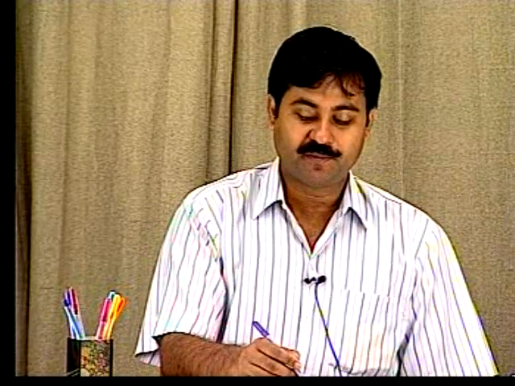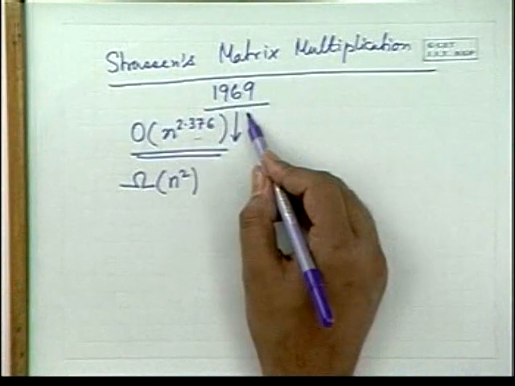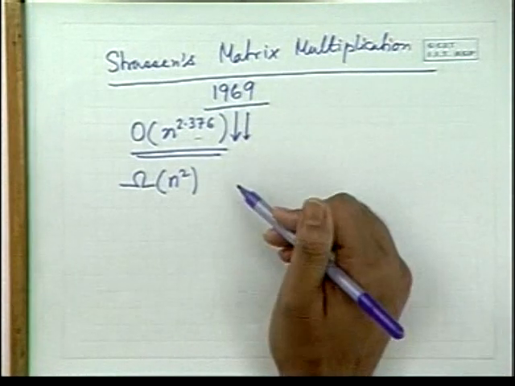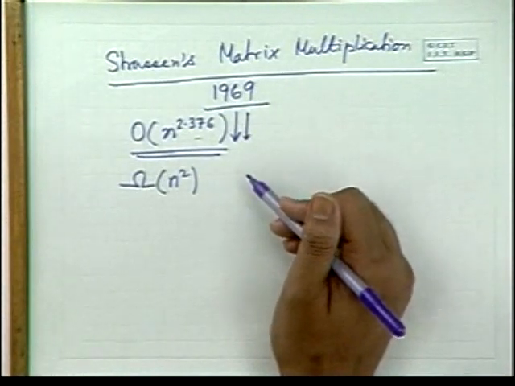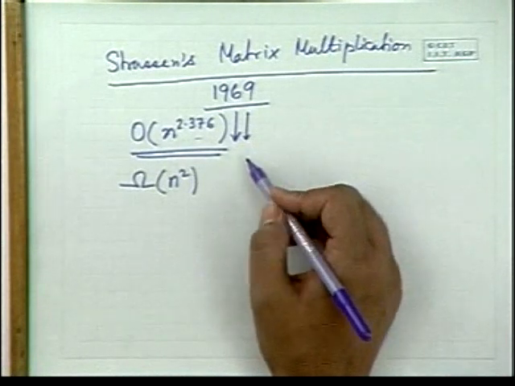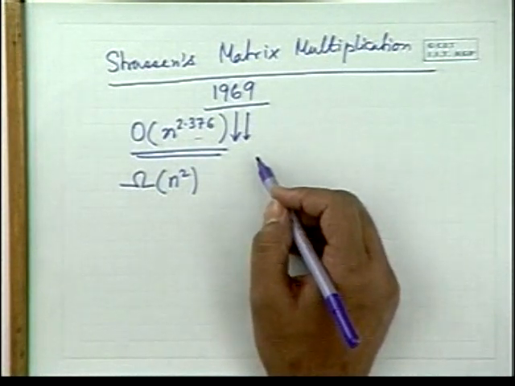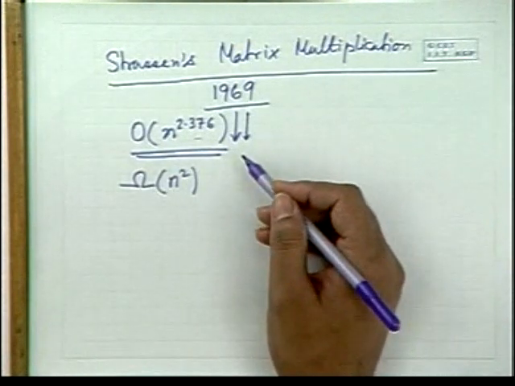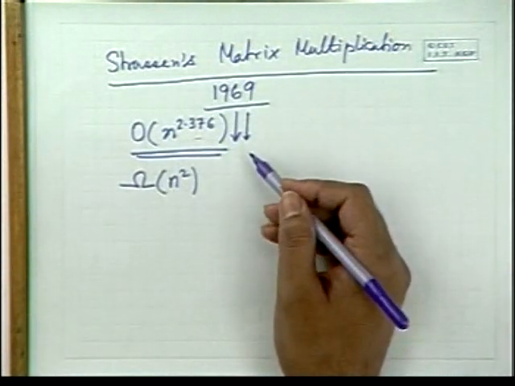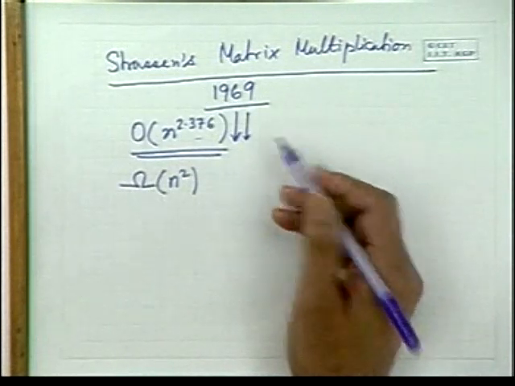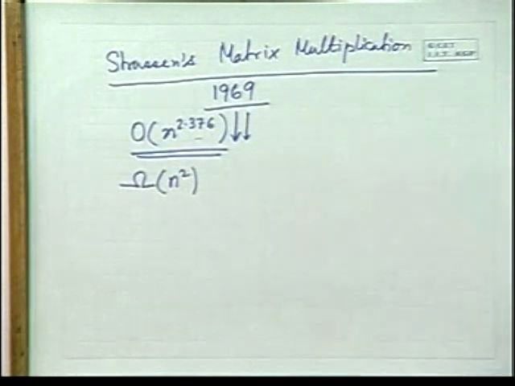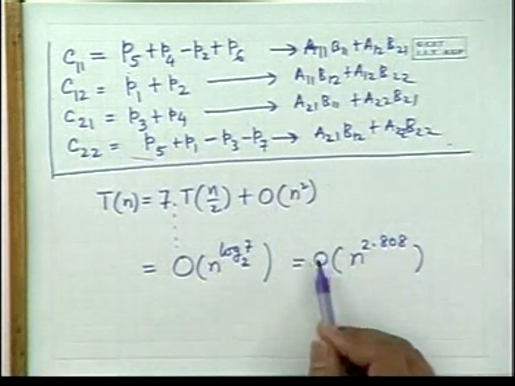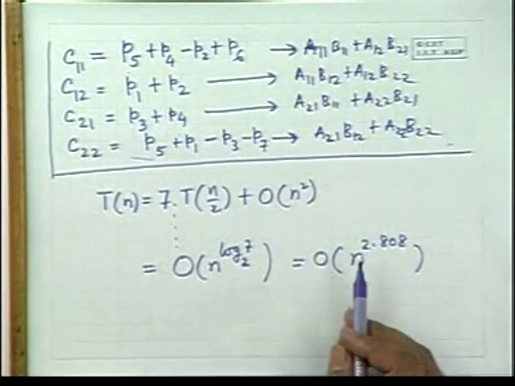And let me make one more point, then I will finish matrix multiplication. When we did this order n to the power 2.808 algorithm, people would devise something which is a little bit complicated and does not achieve that much. Like this Strassen's algorithm is order n to the power 2.8 and the usual matrix multiplication gives order n cube.